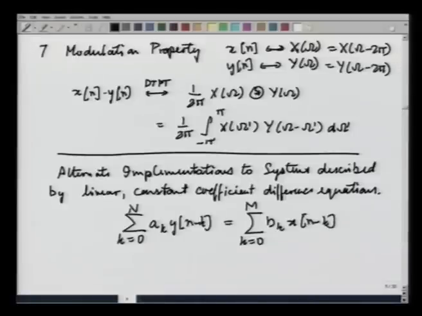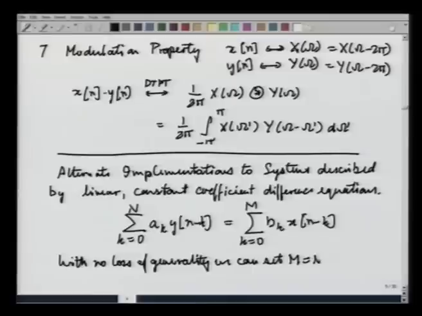By a series of arguments of the sort we adopted in the case of the differential equations studied for alternate implementations after the introduction of the continuous time Fourier transform, here too we will argue that with no loss of generality, we can set m equals n equals even.